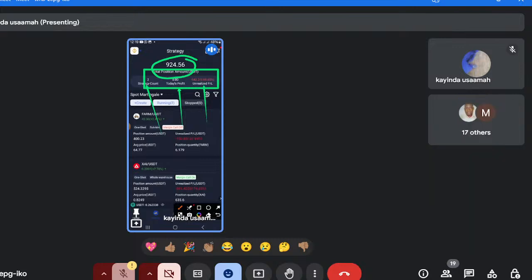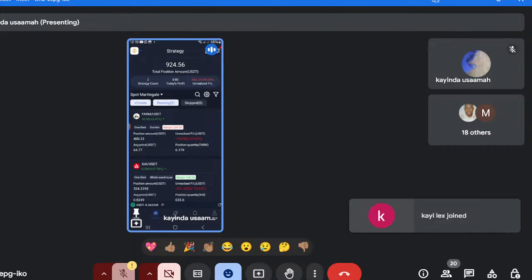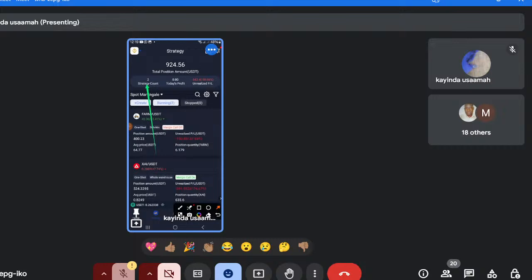It's going to give you a very good summary. Some people, mostly those who are new, have trades but don't know how many trades are currently running. But if you have ticked these boxes, it is going to show you the number of coins which are running, even if some of them were paused.